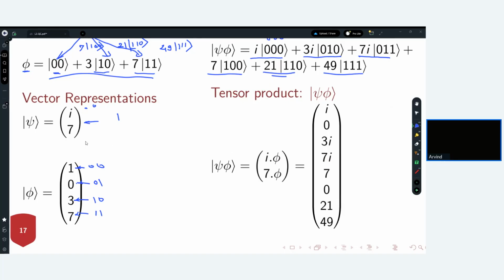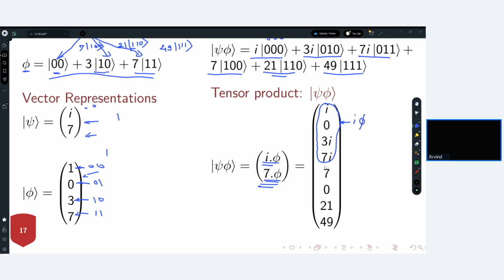If we take the tensor product of these two column vectors, I will write i times phi and 7 times phi. If I multiply i with the second vector, I will get i, 0, 3i and 7i. So this vector is i times phi.